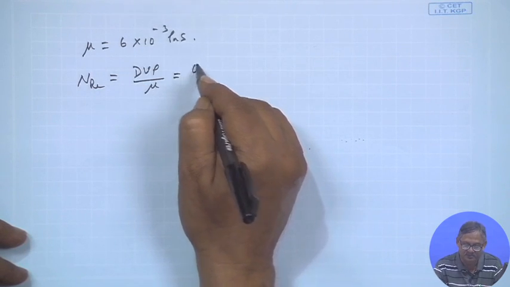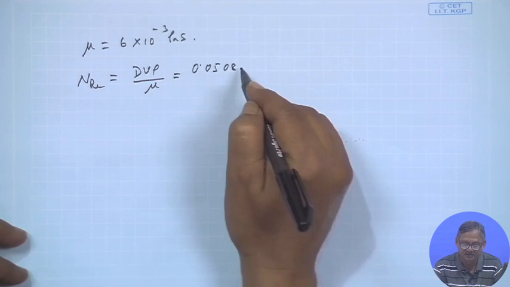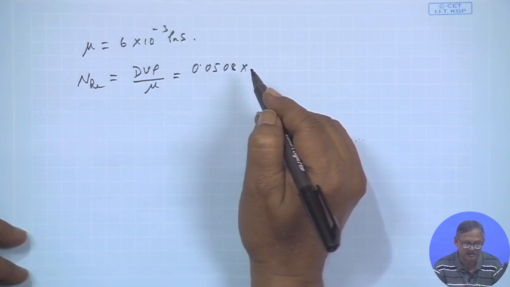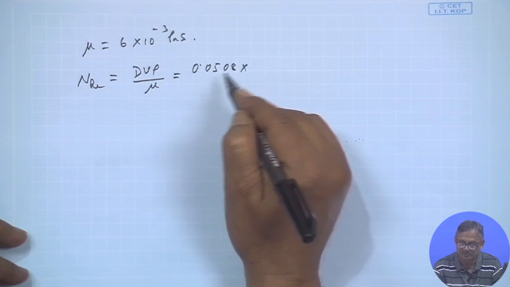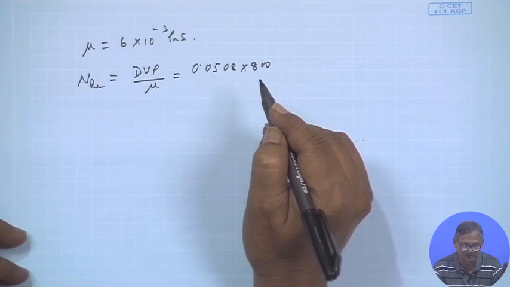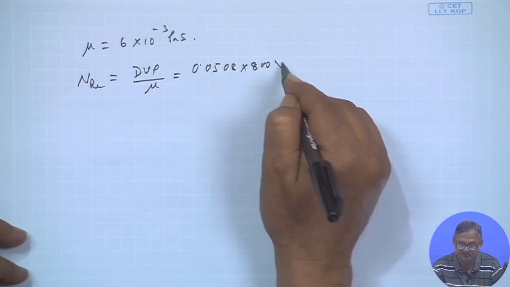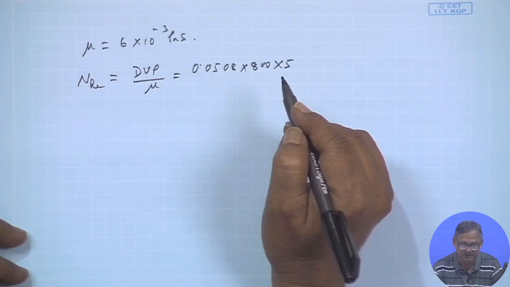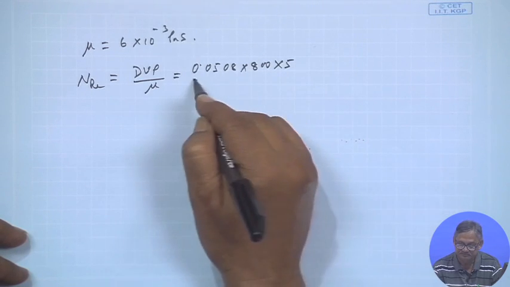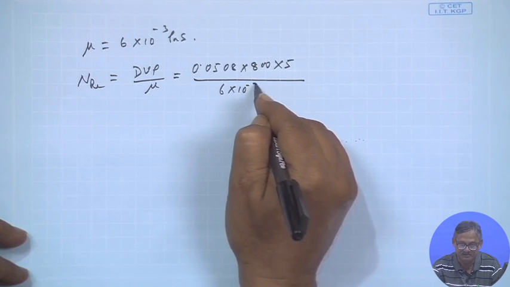D is 0.0508 meter, density is given as 800 kg per meter cube, right, and velocity is given as 5 meter per second, right, and viscosity is given 6 times 10 to the power minus 3.